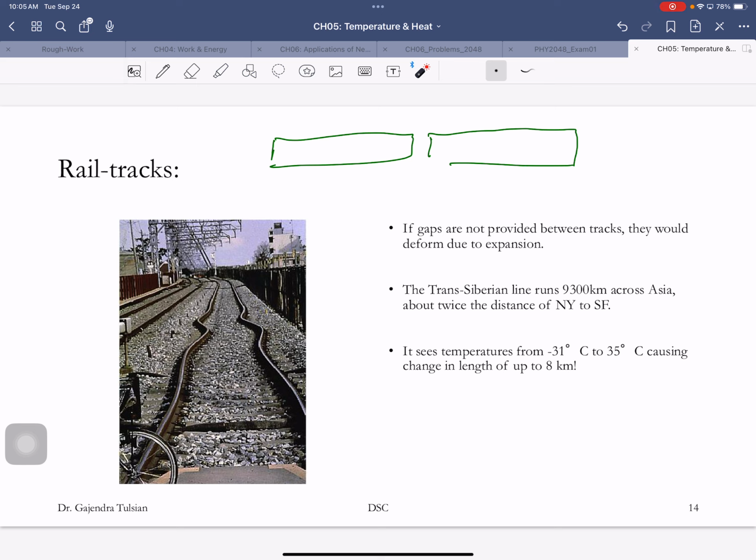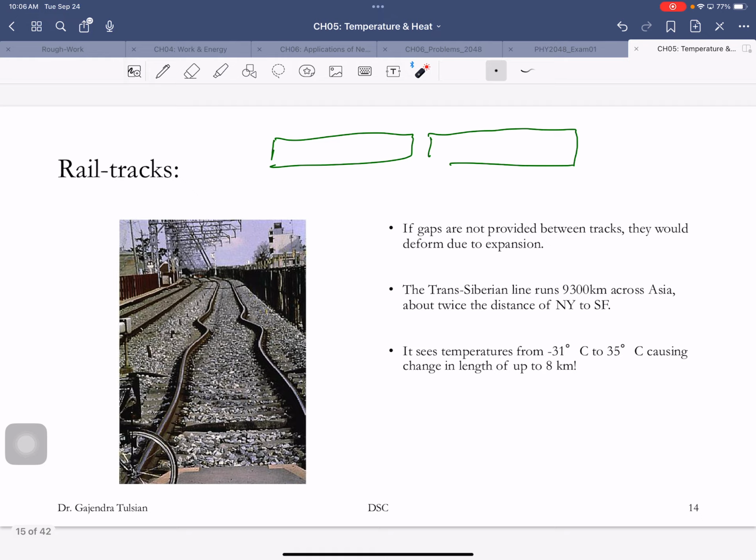It sees a temperature change of about 60 degrees, and all those gaps add up to 8 kilometers. All those gaps would add up to from here to Ormond Beach. So that's how much the expansion gap is.